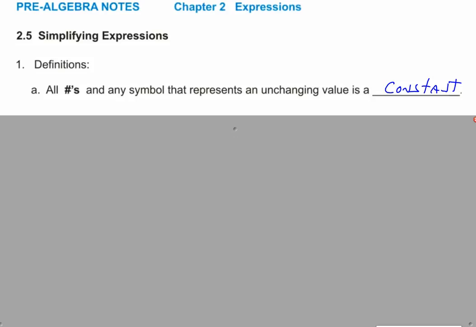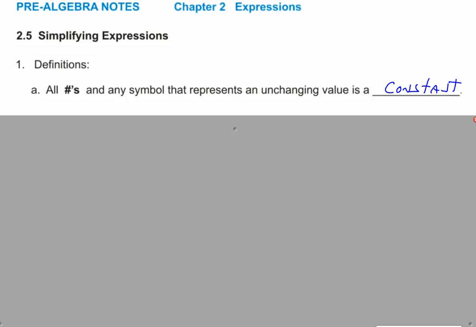Negative 11 is a constant. 3/5 is a constant. 0.279 is a constant. Pi is a constant. Square root of 3 is a constant. Right? So that's the idea of constant, because it's got a certain value.